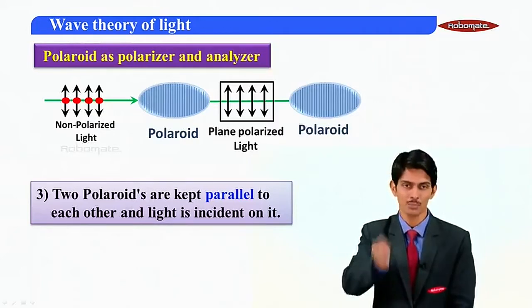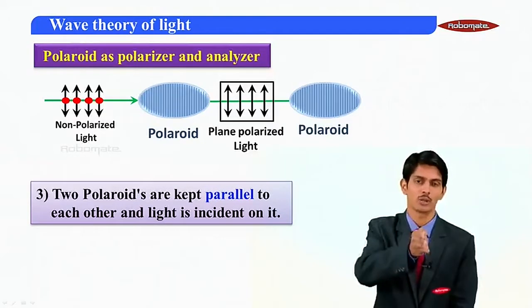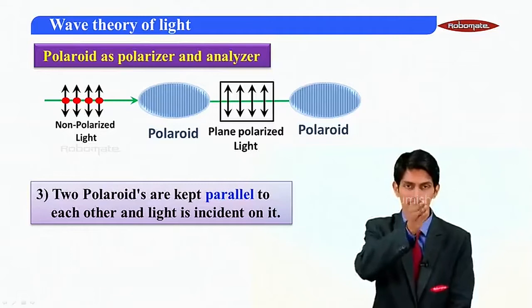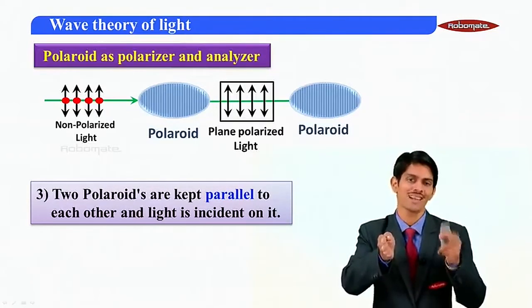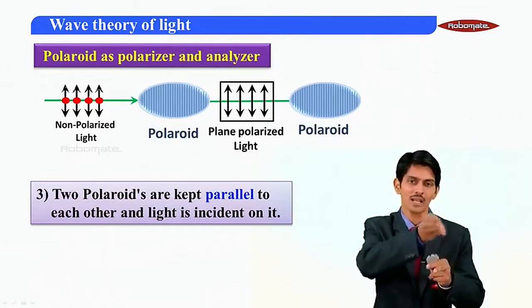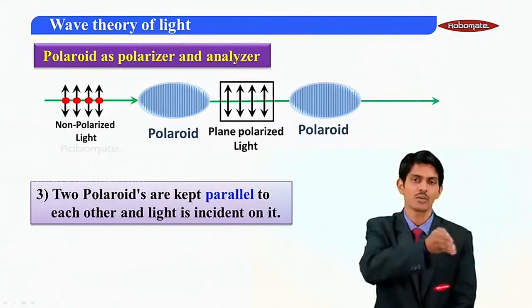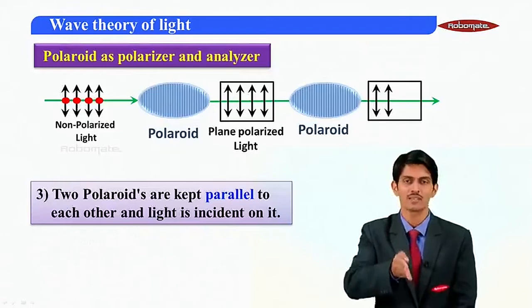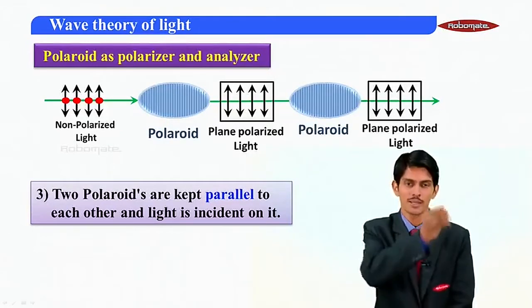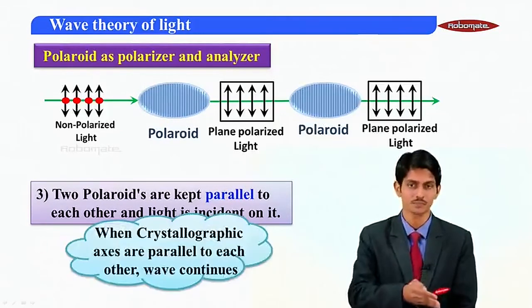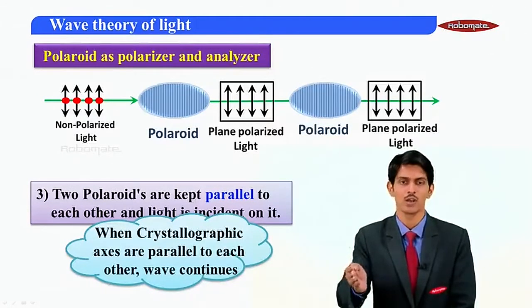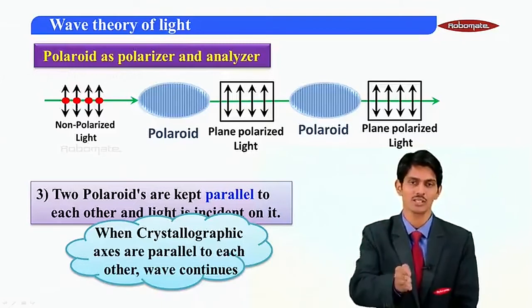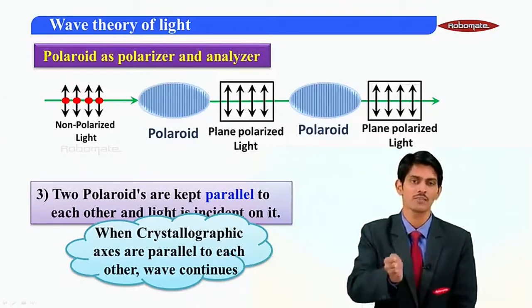Now this plane polarized light is passed through the second Polaroid. Again the vibrations of that light and the axis of the Polaroid are parallel to each other, so that light will continue, and finally we get plane polarized light whose vibrations are in a vertical plane. From this we conclude that when the crystallographic axes of the Polaroids are parallel to each other, the light wave continues.